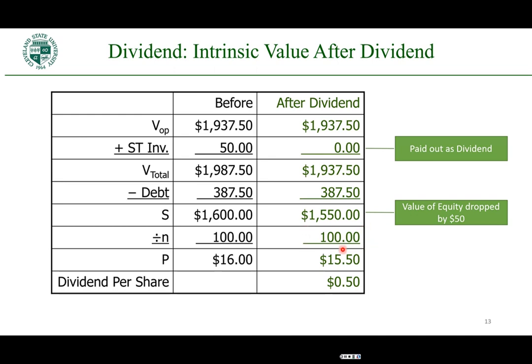The total number of shares doesn't change, so the total value of equity divided by the number of shares also dropped. The stock price per share dropped by $0.5 each. And of course, the dividend per share is the total payout of 50 divided by the number of shares, 100, that's 0.5. So the stock price dropped by the same amount as the dividend per share.